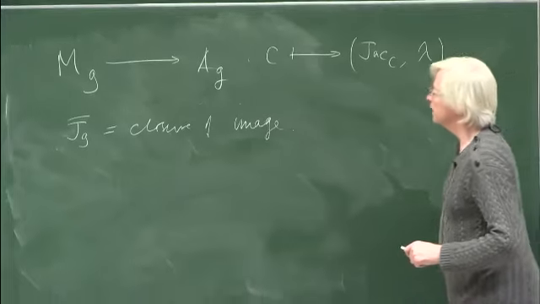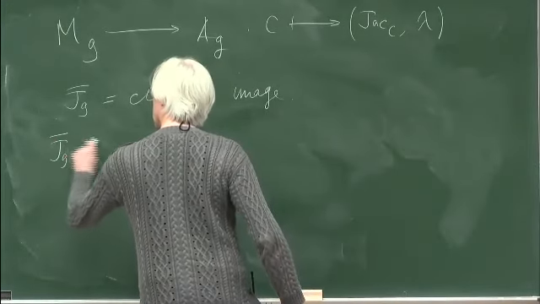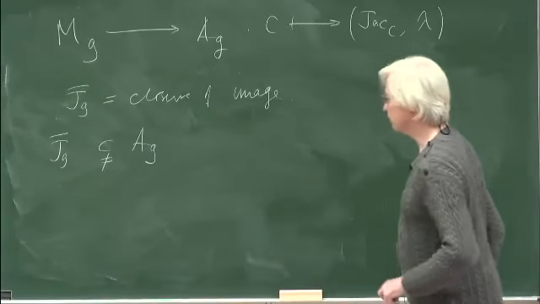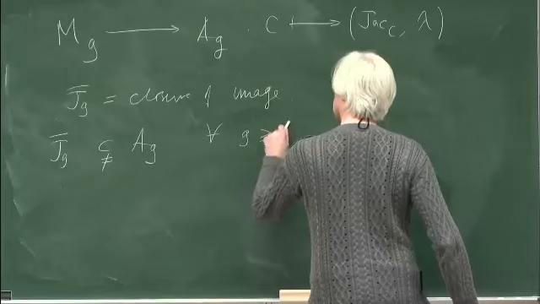And of course, this is strictly smaller than the moduli space of abelian varieties as soon as the genus g is at least 4.